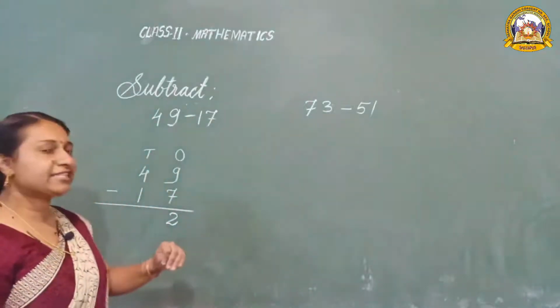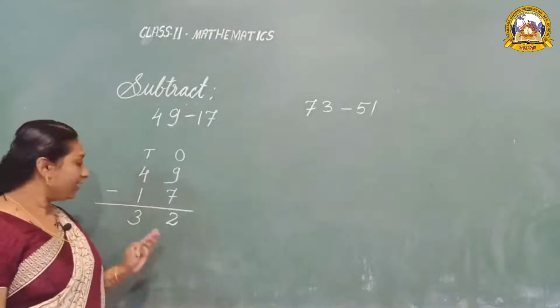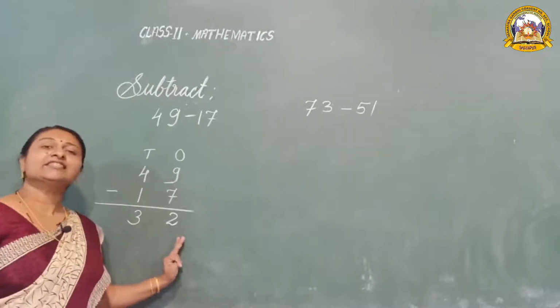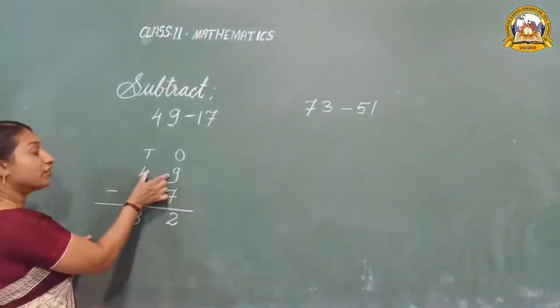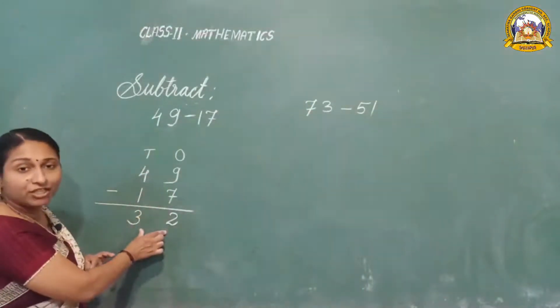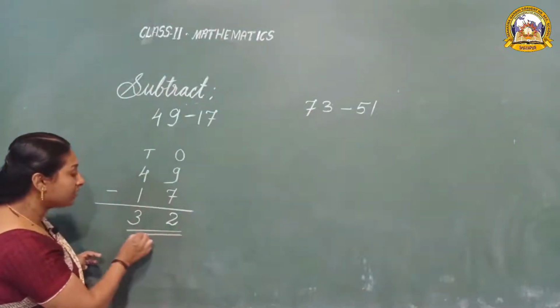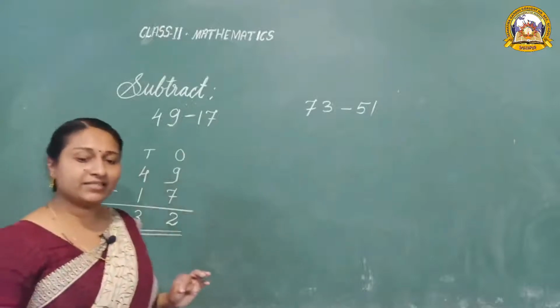So, let us write 3. Okay, now our answer is 32. Means 49 minus 17 is 32. Okay, let us give 2 lines under the answer.